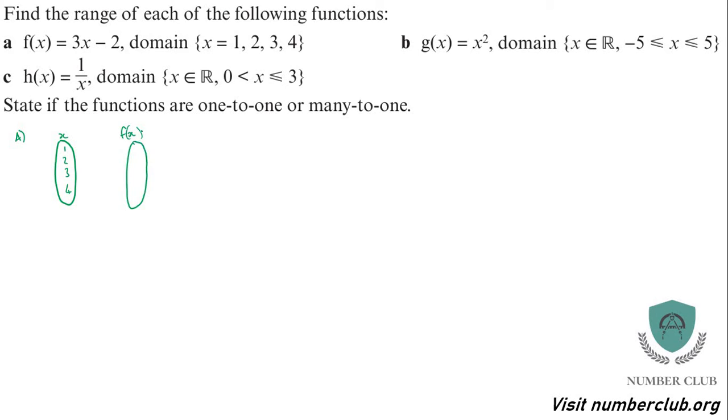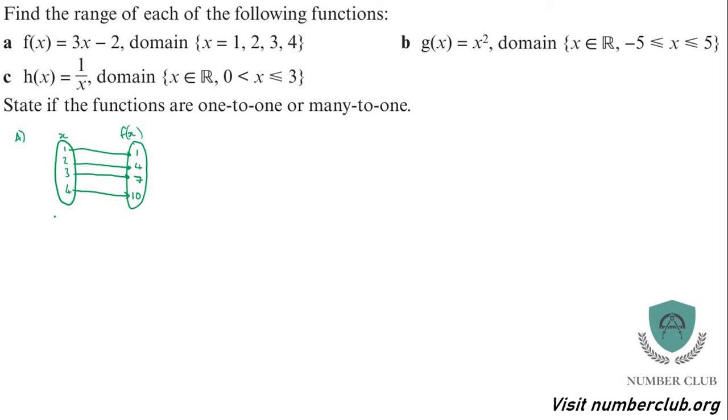Well, 1 times 3 is 3, take away 2 is 1. 2 times 3 is 6, take away 2 is 4. 3 times 3 is 9, take away 2 is 7. And 4 times 3, take away 2 is 10. Okay? So we know that what we've got is something that looks a bit like that there. And so our domain is 1, 2, 3, and 4.